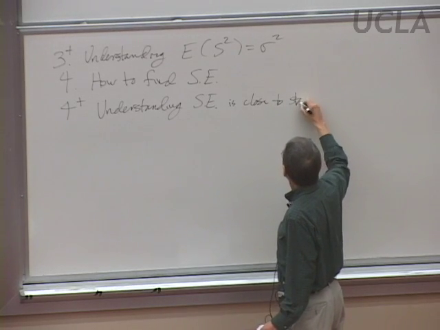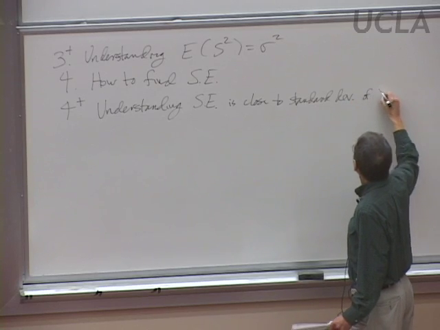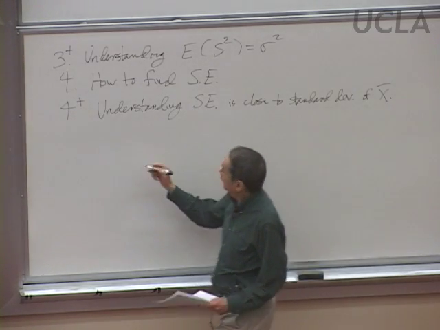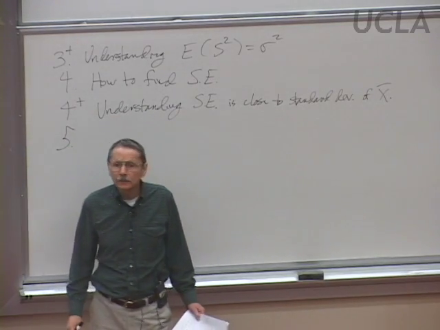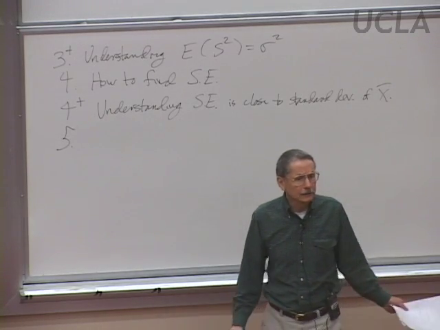Should be close to the standard deviation of the sample mean. And so number 5 on our list of 5 is knowing how to get confidence intervals.